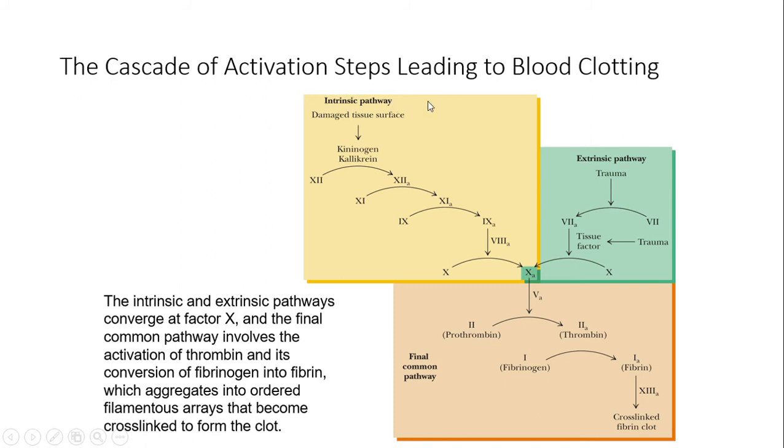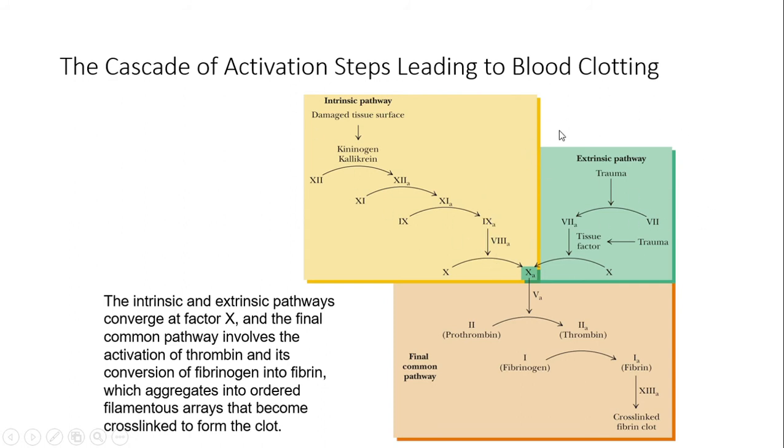So the intrinsic pathway occurs within the damaged tissue; the surface is detected, which sets off this cascade, and we go down from 12 down to 10. Again, this one is an activator of this.